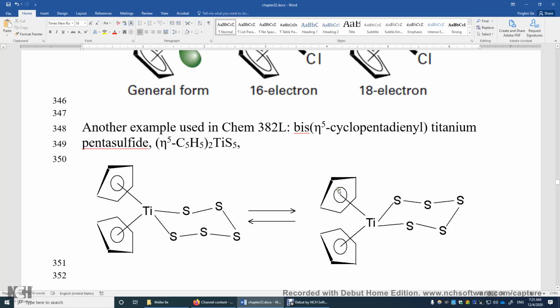Okay, of these 2 rings, one may occupy the axial position, the other occupy the equatorial position. That's, I think, distinguishable in the NMR spectrum as long as the flipping of the ring is slow enough.